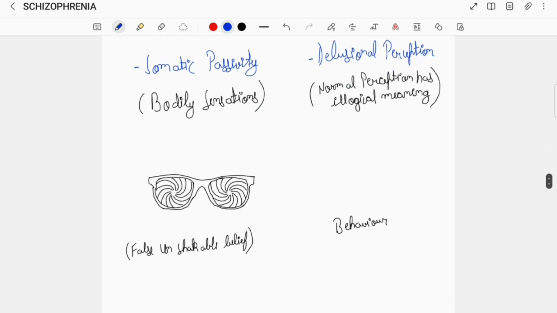Apart from these first rank symptoms, there can also be delusions, which are defined as false, unshakable beliefs. The person can also have disorganized behavior.